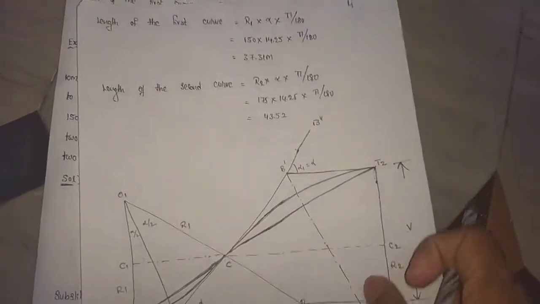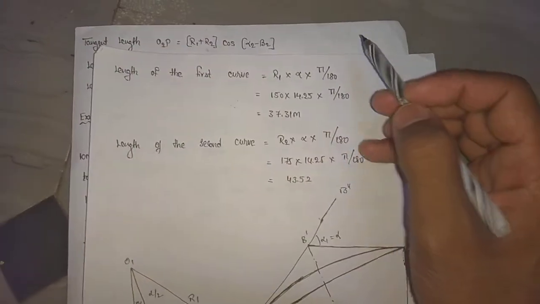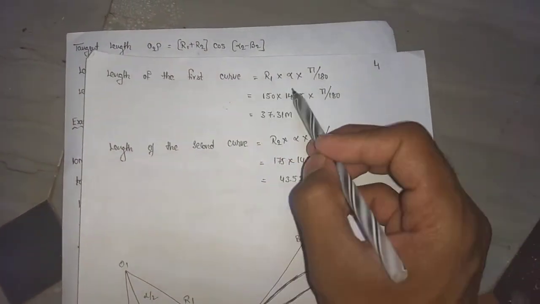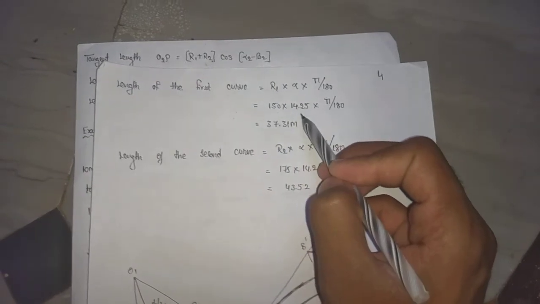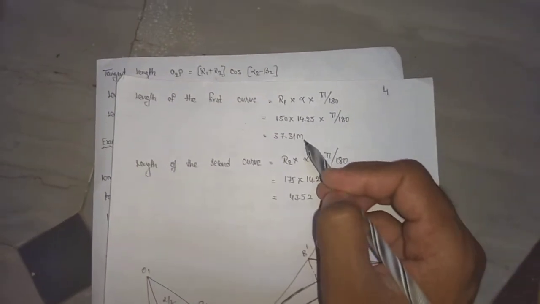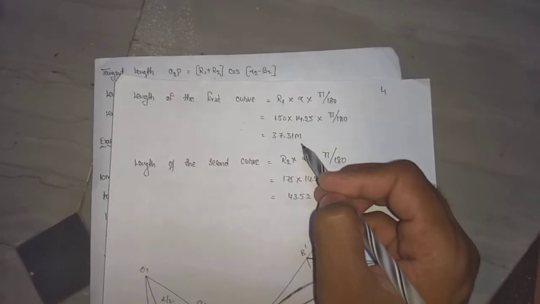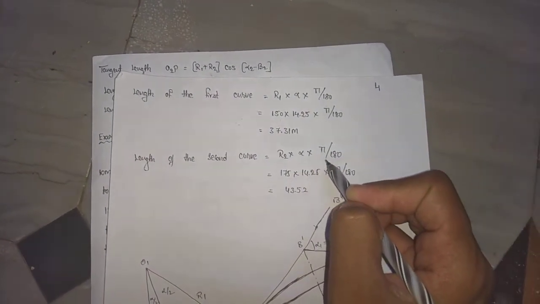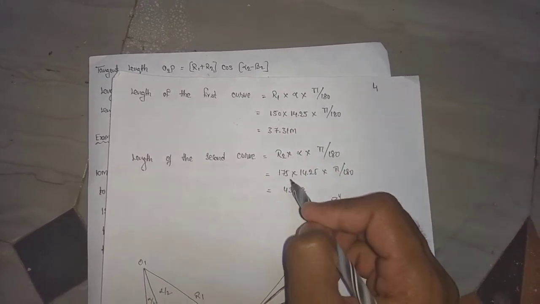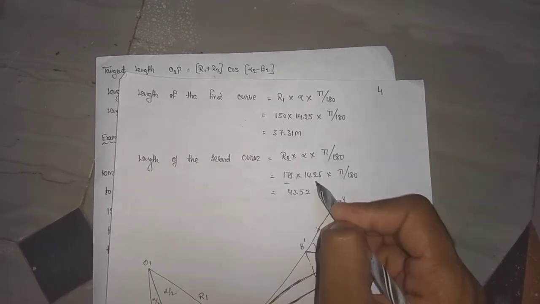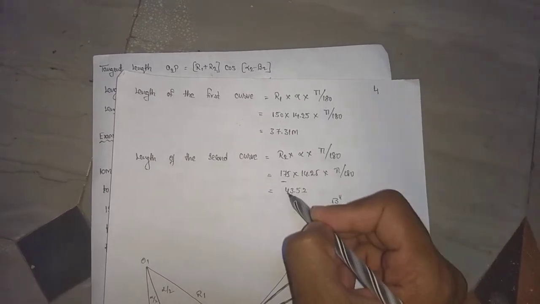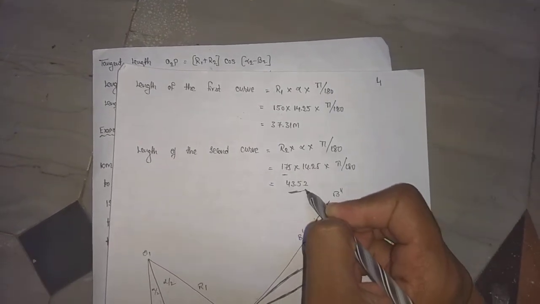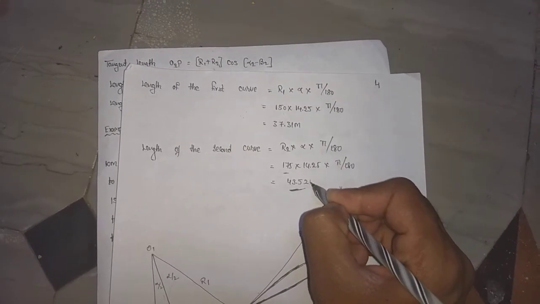Substituting R1 equals 150, alpha equals 14.25 degrees and into pi by 180, we get 37.31 meters. Next, length of the second curve is R2 into alpha into pi by 180. R2 is 175 into 14.25 into pi by 180. Finally we get 43.52 meters.